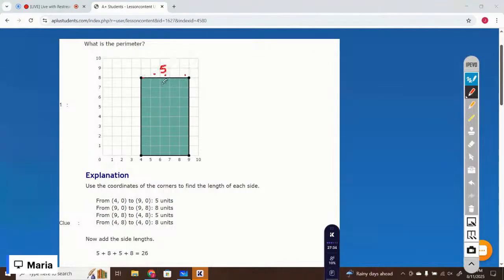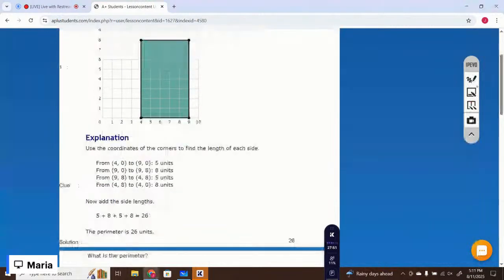That is also 5. That is 1, 2, 3, 4, 5, 6, 7, 8, and that is also 8. So we need to calculate the perimeter. For the perimeter, we need to add all the side lengths. So they are 5 plus 8 plus 5 plus 8. That is 26 units.